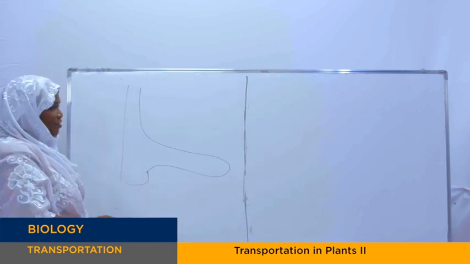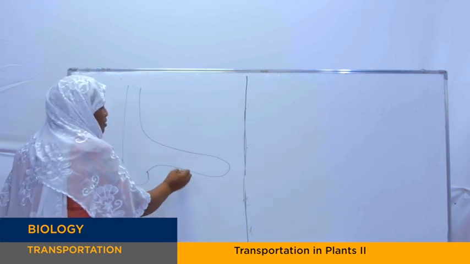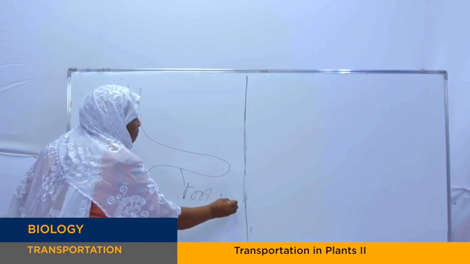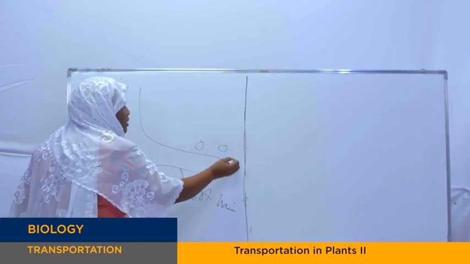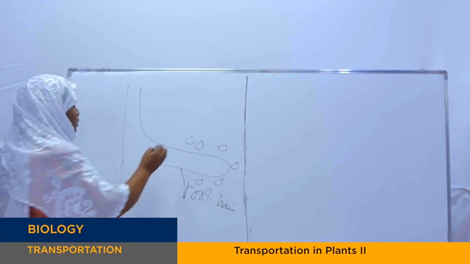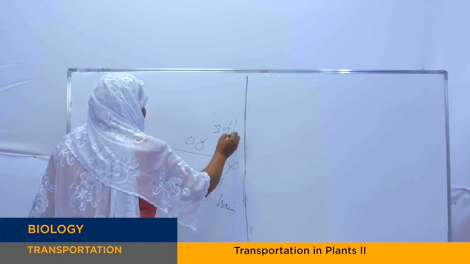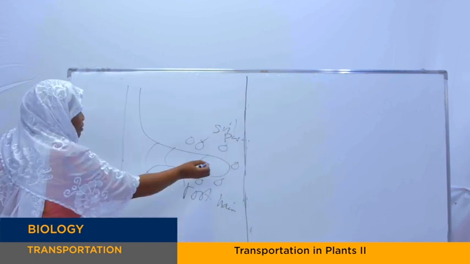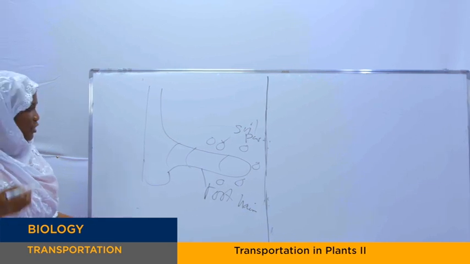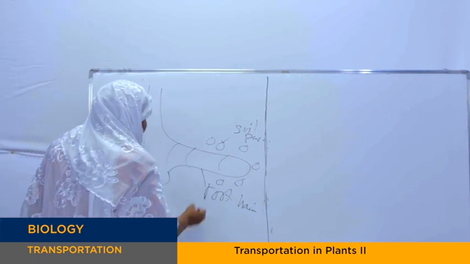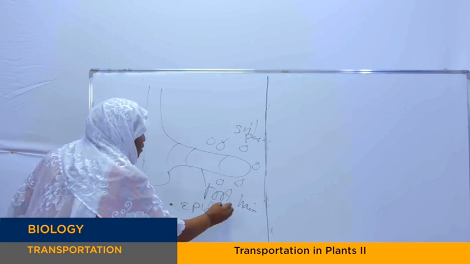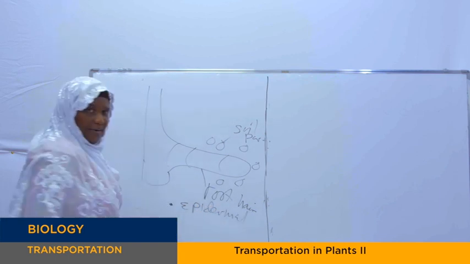Let's say this is the structure of the root. This one is the root hair. These are soil particles. The root here is composed of different kinds of cells. For instance, there is the so-called epidermal cell.